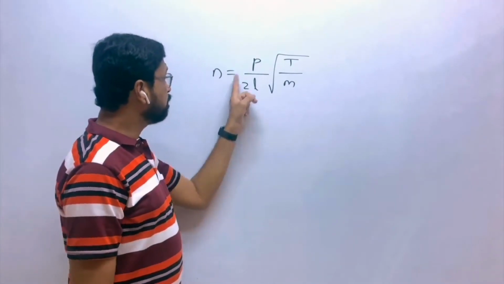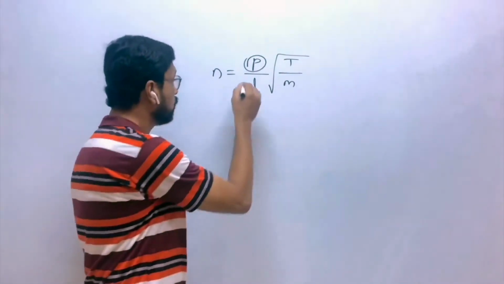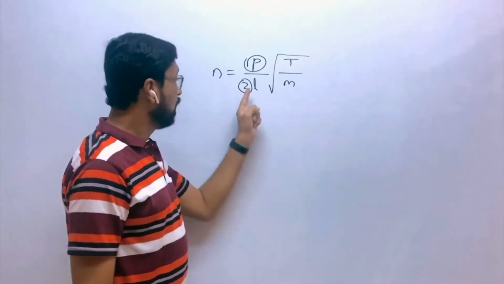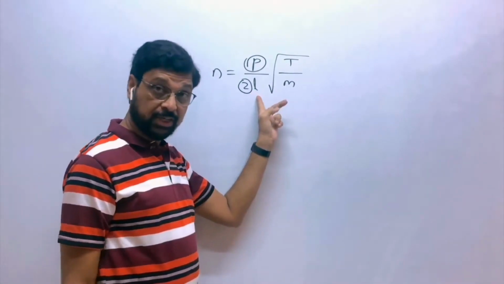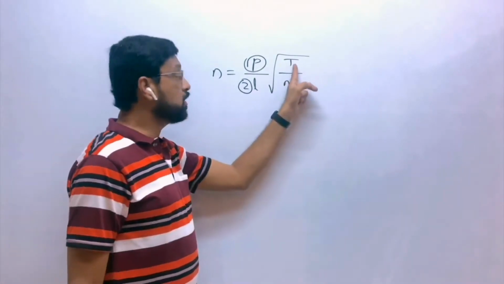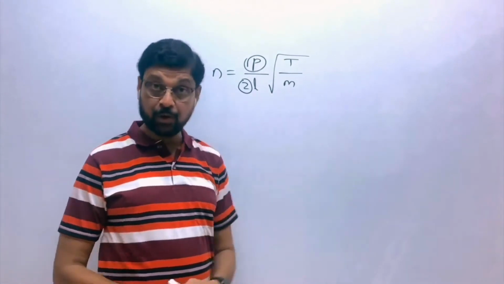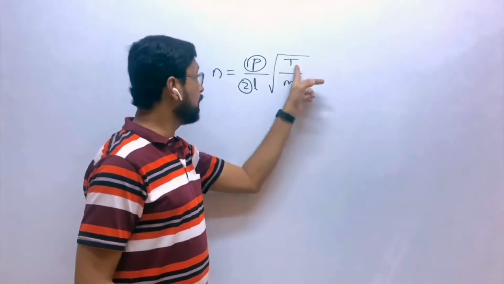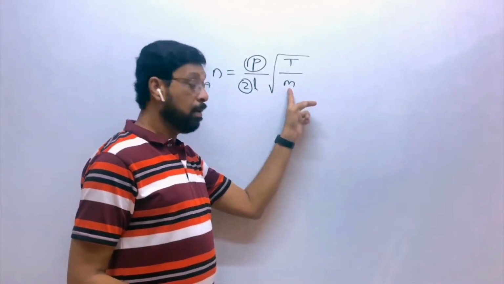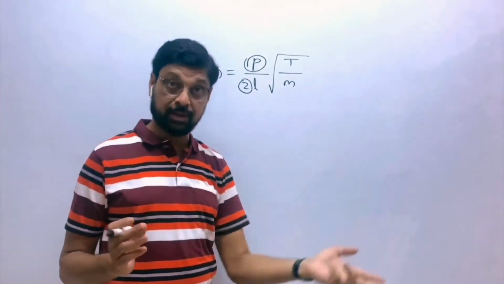Now, this p is a number of loops. 2 is a constant. Length of a string can change. Vibrating length of the string you can change. Tension in the string can be changed by attaching different loads to the string. And m, linear density, can be changed if you change the string, isn't it?